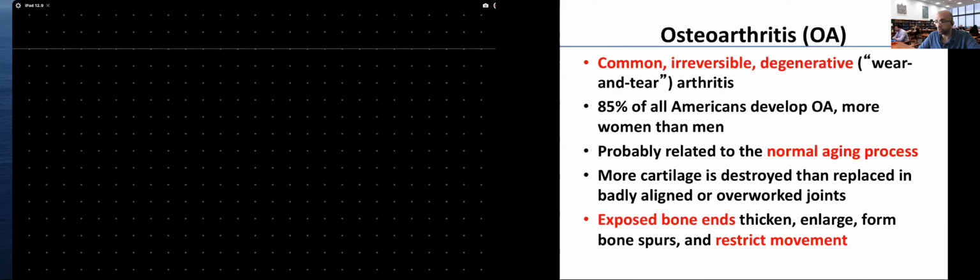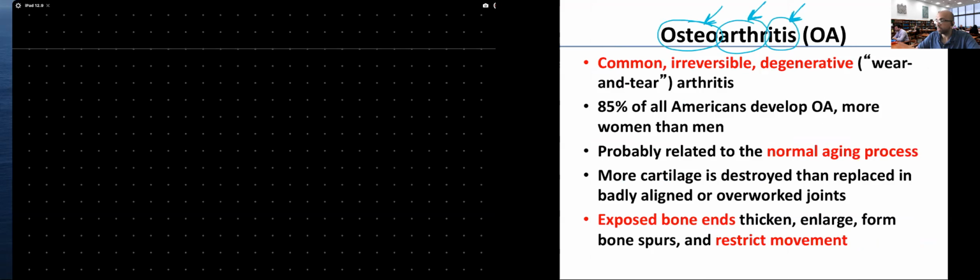Starting first with osteoarthritis. From its name, osteo means bone, arthro means joint, itis means inflammation. So what I can understand just from the name is that this is an inflammation of both the joint and the bone.